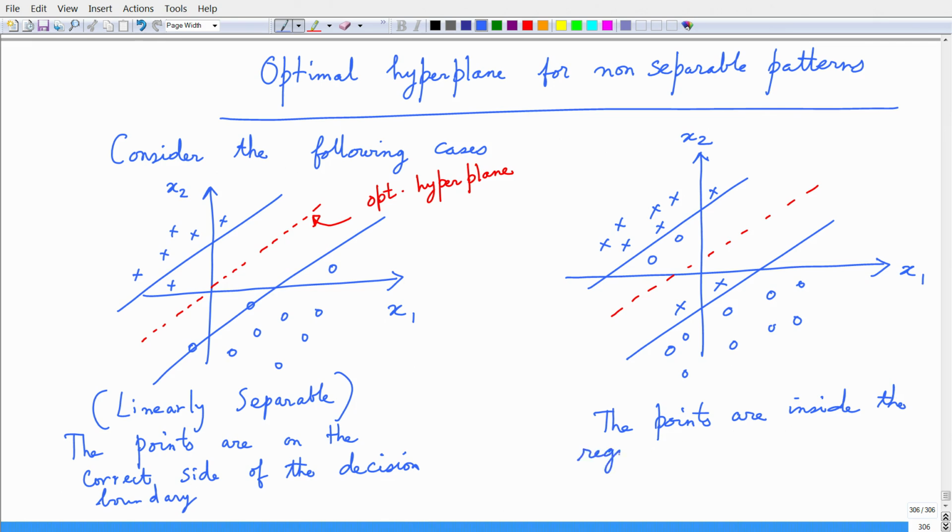They are inside the region of separation, but on the incorrect side. So, I would probably mark this as some of the points.